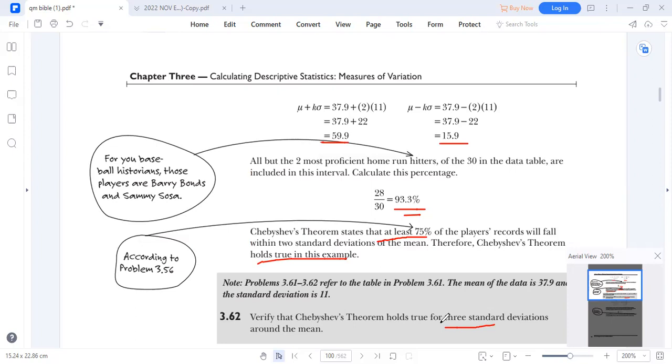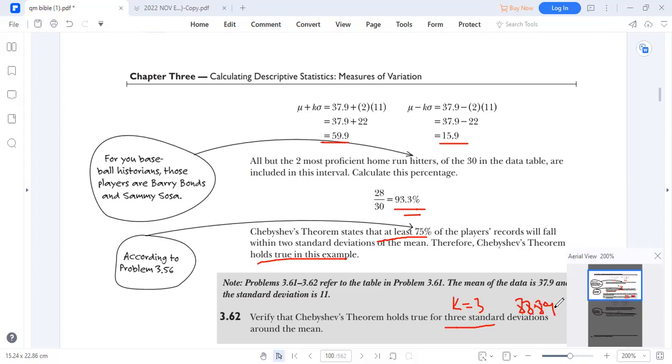So let's see for 3 standard deviations if it follows Chebychev's rule. Ready? For 3, remember our K is 3. And what is our percentage at K equals 3? 88.89.